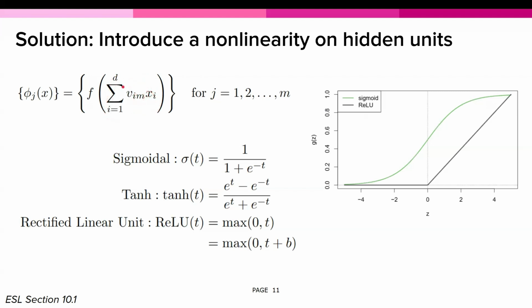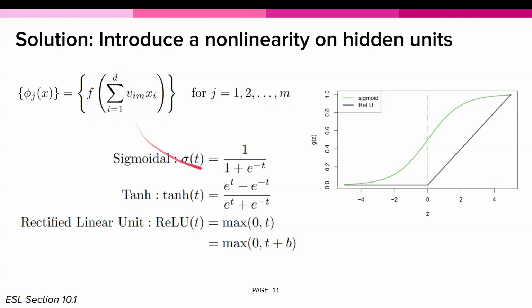So we'll use a projection matrix to generate the new features, but then we'll apply a nonlinearity as well. This will give us a set of m basis functions, or a set of m features, but they're going to be a nonlinear function of the weighted combination of input features.